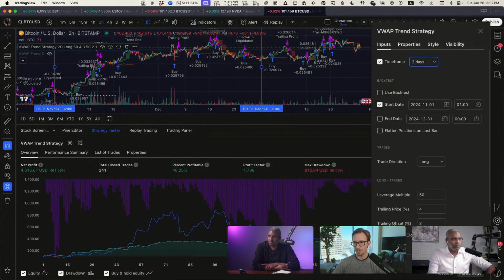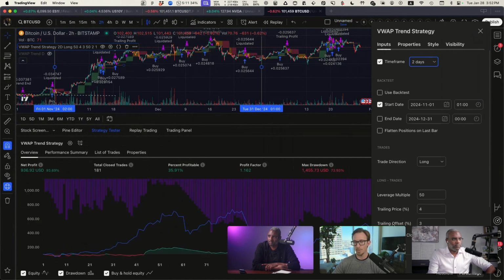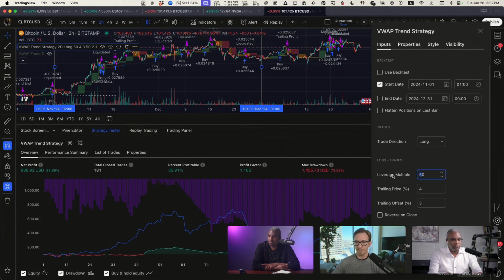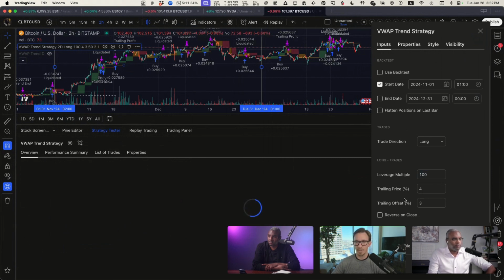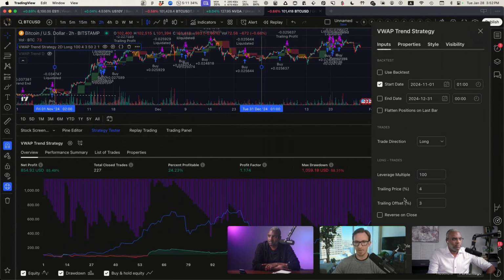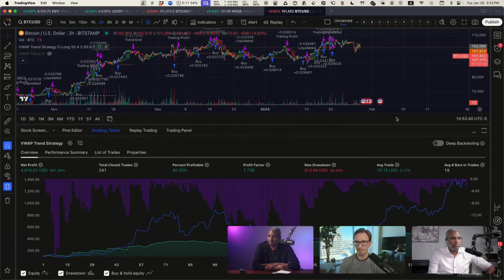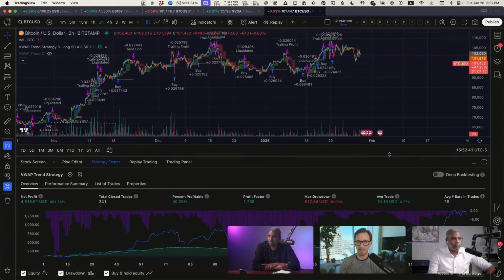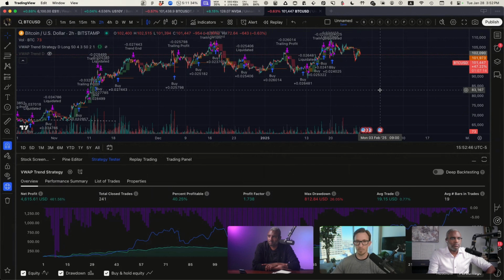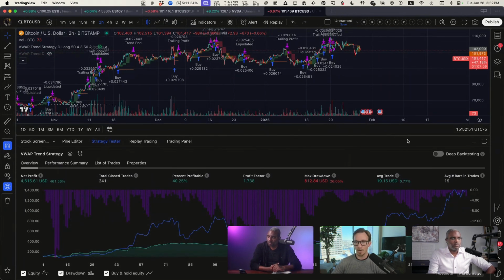So if you were to change even just the start date or the leverage multiple or any type of setting in here, and of course every strategy that's made on TradingView has all kinds of different settings baked into it that can lead to dramatically different results in the simulator. So as we're looking at the history of how this would have performed in the past, what we're really doing is testing our current strategy settings against the past and seeing how it would have performed. That also means that even small changes can lead to dramatically different outcomes.